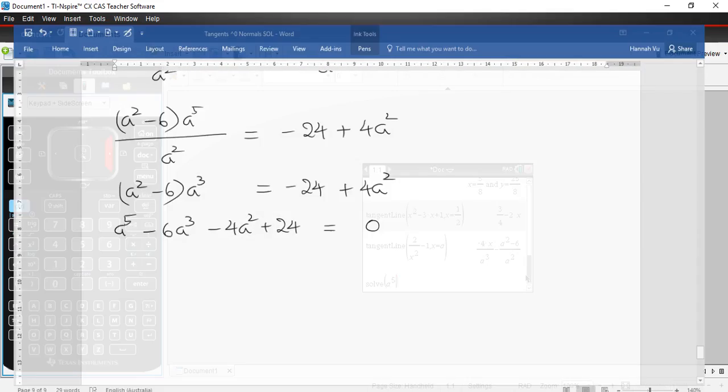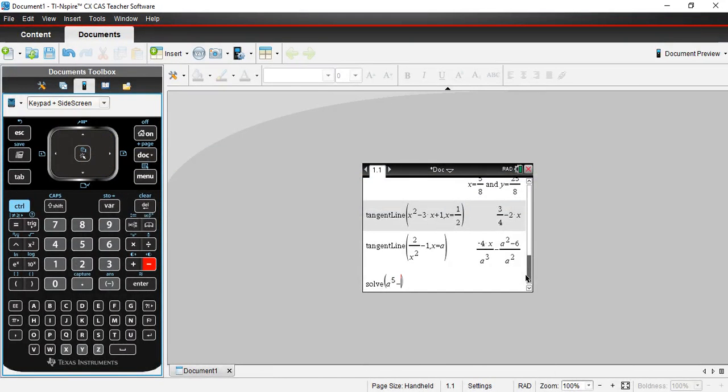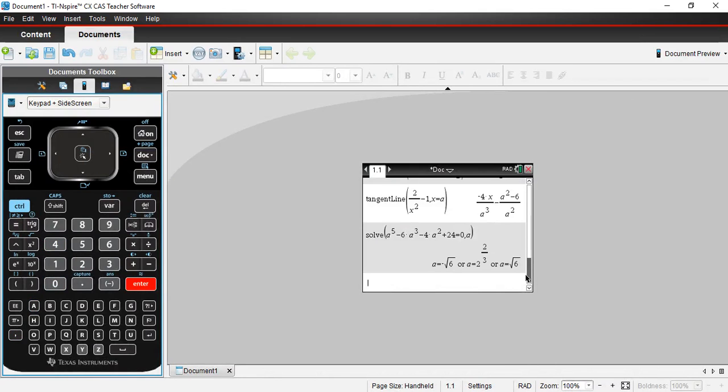My equation, okay: a to the power of 5 minus 6 times a cubed minus 4 times a squared plus 24 equals 0, and we're solving for a. Yes, it was a good idea using the CAS because the answers are nasty.